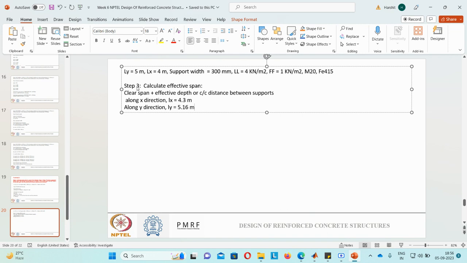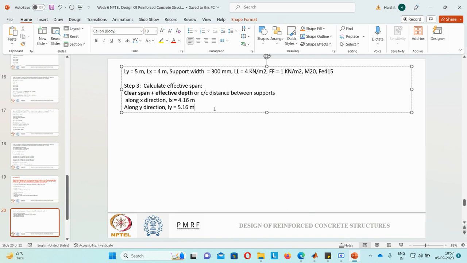Simply by calculating these two values: clear span plus effective depth, and center to center distance. In both cases you will find this is the limiting value. One will give a higher value, 4.3 and 5.3, and this is giving 4.16 and 5.16. So I will choose this.